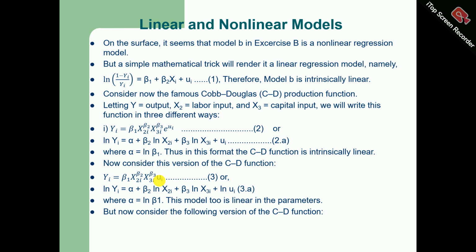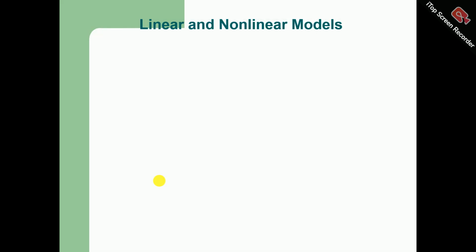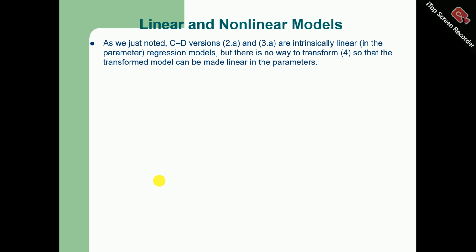We may now consider another version of the Cobb-Douglas production function, and here the error term enters this model additively, and if you take the natural log of this model, we may see it differently. But as we have noted, Cobb-Douglas production function versions 2.a and 3.a, which we discussed earlier, are intrinsically linear.